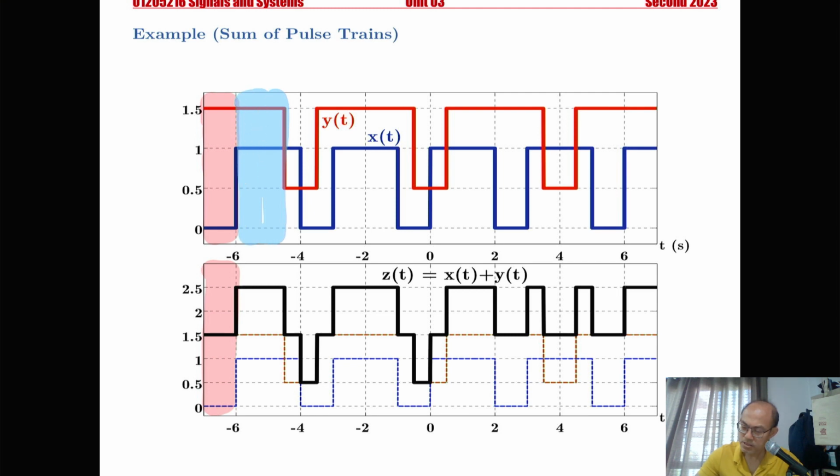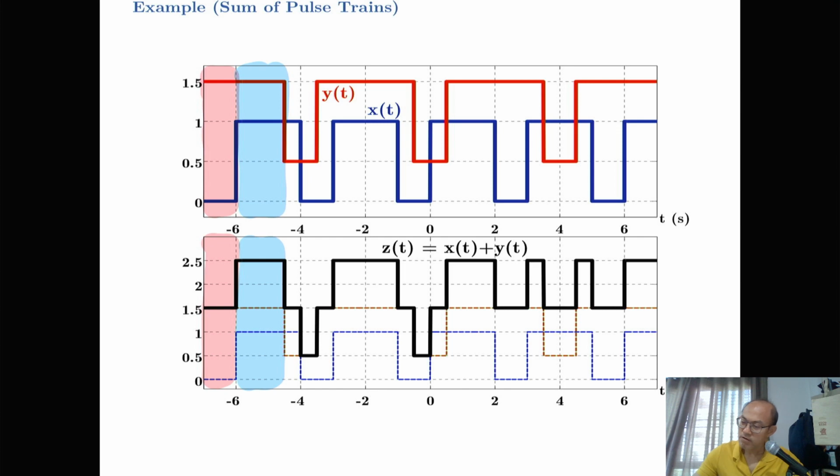The reason why I picked the starting point here and ending point there is because right here the value of y changes, dropping from 1.5 to 0, so I have to end it here. That marks the end of my second interval. So the blue interval is here. Now in the blue interval we're adding 1.5 and 1 together, and the result is 2.5.